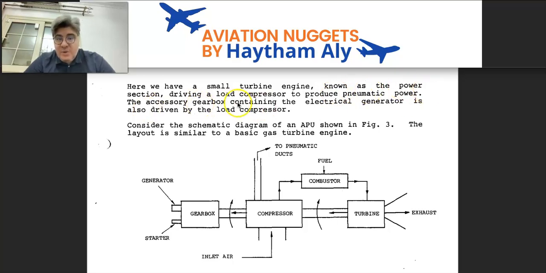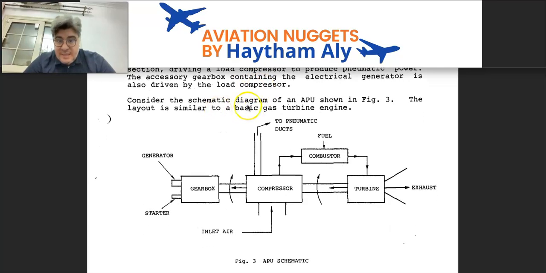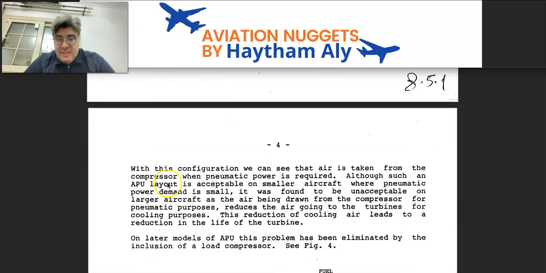The accessory gearbox containing the electrical generator is also driven by the power section. So this is the schematic or layout for the old APU. With this configuration, air is taken from the compressor when pneumatic power is required. Such an APU layout is acceptable on smaller aircraft where pneumatic power demand is small.